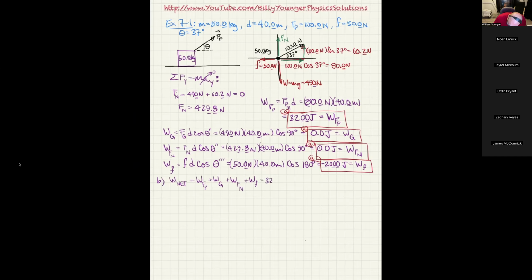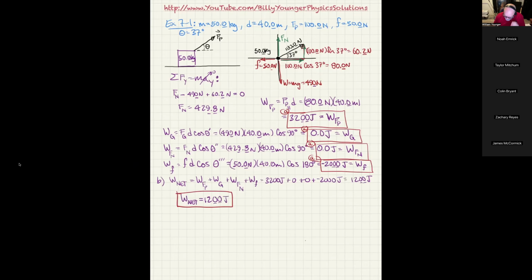So we're going to get 3,200 joules plus 0 plus negative 2,000 joules, which equals 1,200 joules. So W net is equal to 1,200 joules, which technically we'd have to write as 1.2 times 10 to the 3 joules. That's the way we'd write it without violating our sig fig rules.